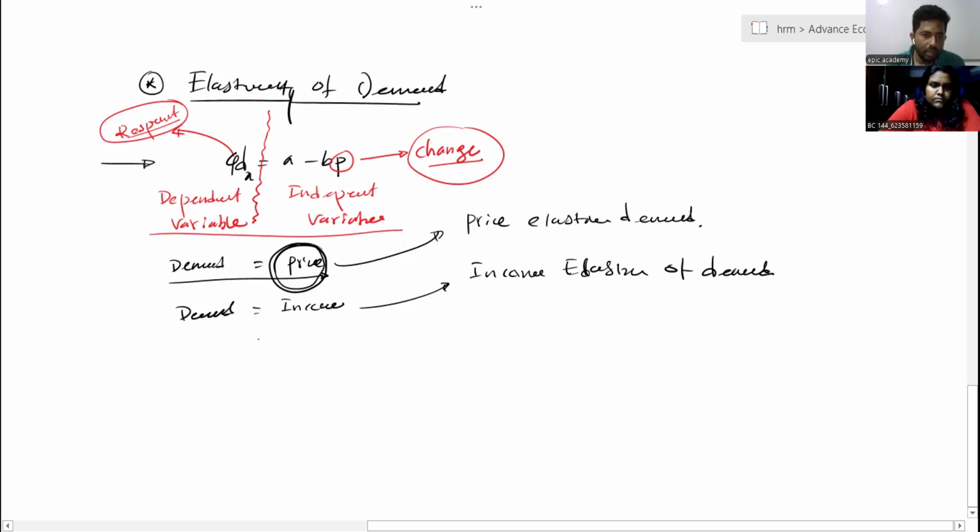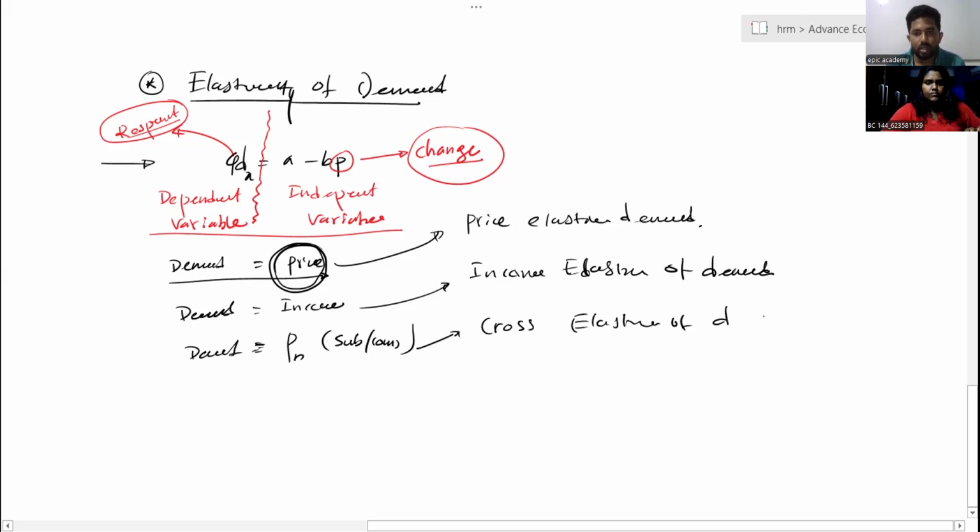If you take as the independent variable the price of other commodities, substitutes or complementary commodities, and the responding or dependent variable is the demand of the certain commodity, that's the meaning of cross elasticity of demand.